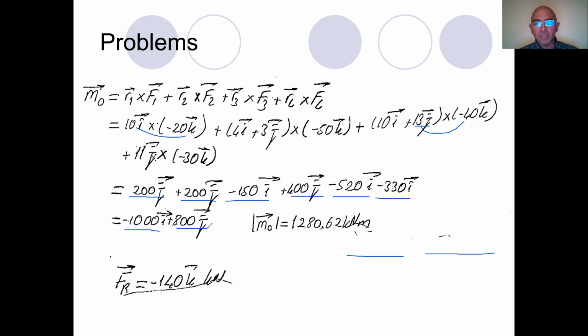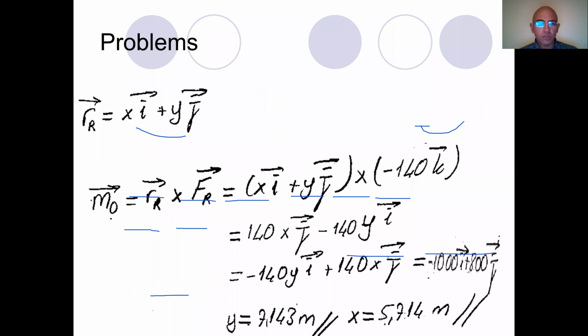So this is the moment generated at point O by the forces. If I sum up the forces, I will arrive at minus 140k vector. All the forces are downwards in the negative z direction. So now I have found the moment and the resultant force vector.